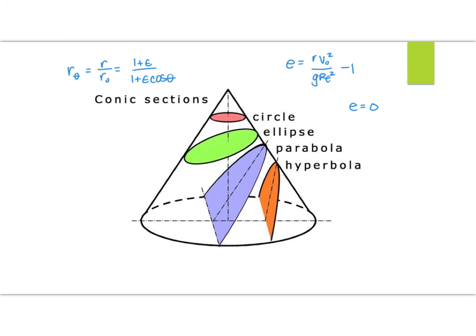If the eccentricity is equal to 1, we have a parabola. If E is less than 1, we have an ellipse. And if E is greater than 1, we have a hyperbola.